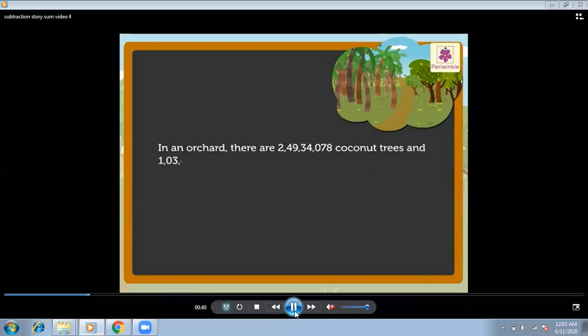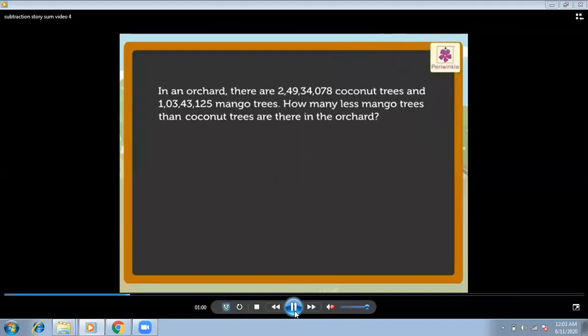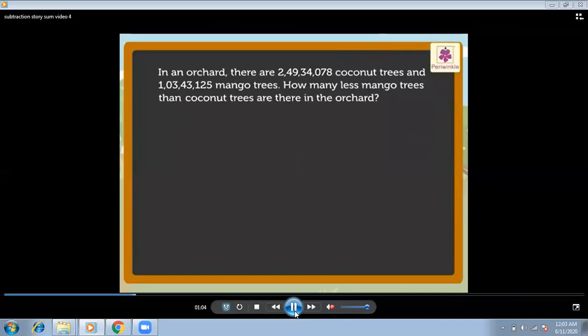Now there is a sum: in an orchard there are 2,49,34,078 coconut trees and 1,03,43,125 mango trees. Now, how many less mango trees than coconut trees are there in the orchard? It's understood that there is this amount of coconut trees in an orchard and this amount of mango trees in an orchard.